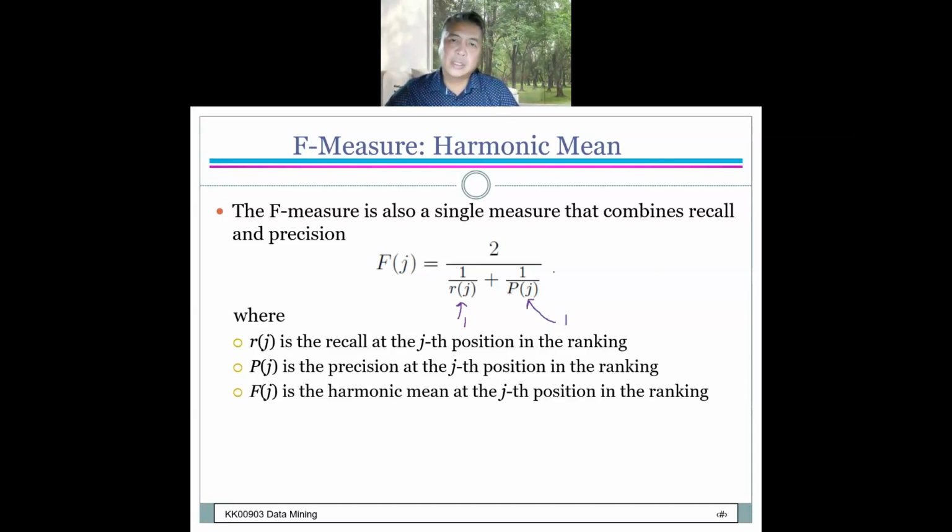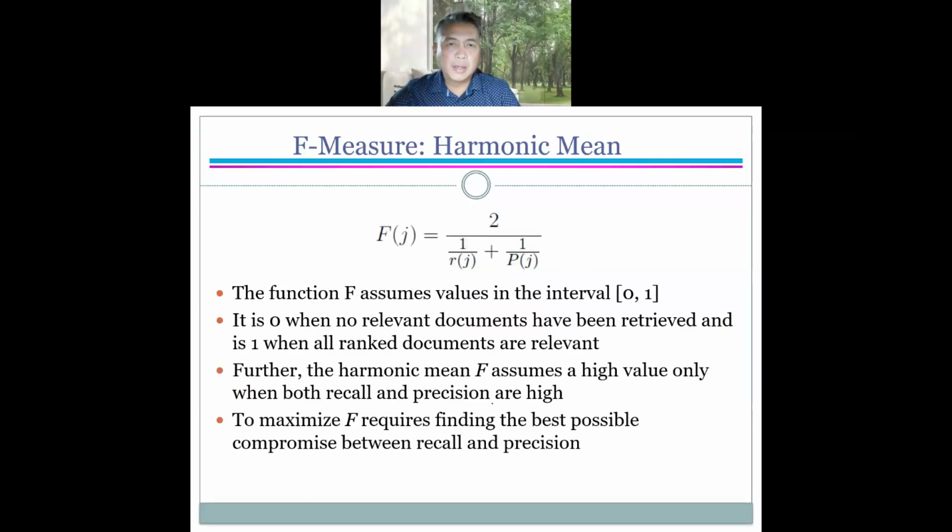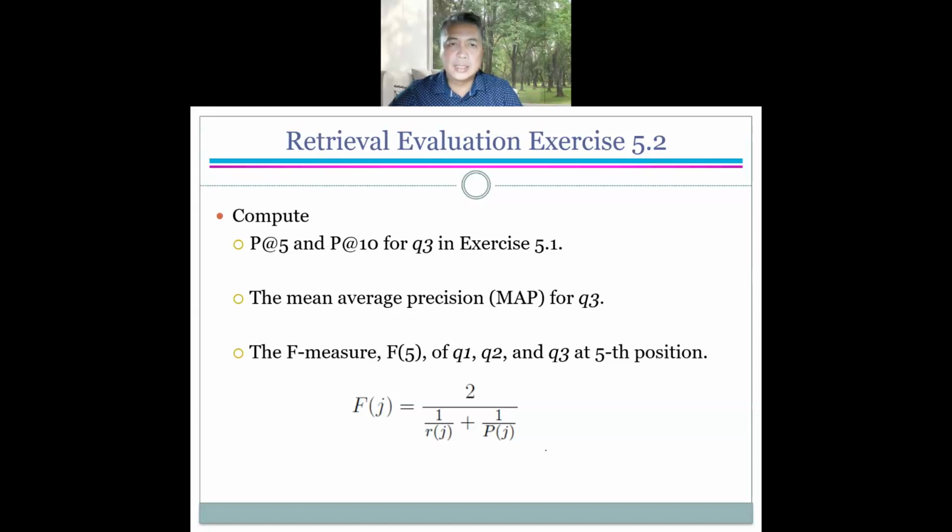So if they are both maximum, the value for this will be 1. So how do we apply this one? We compute the recall and the precision at document J at this position, so you just replace this with the number. I think that's all.